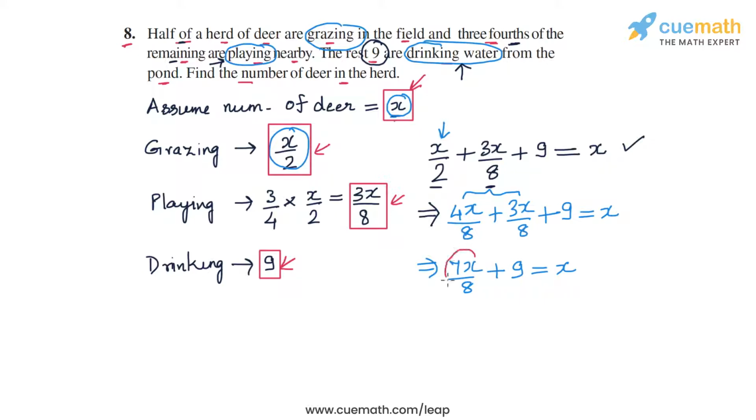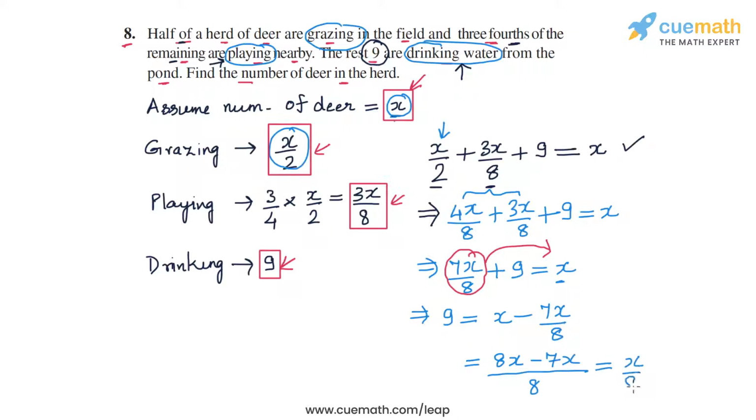Now I can take this 7x by 8 term and transpose it to the right side so that we can combine the variable terms. So I will get 9 on the LHS, and on the RHS I will get x minus 7x by 8. If I take the LCM, this will be equal to 8x minus 7x by 8, and 8x minus 7x is x. So I get x by 8.